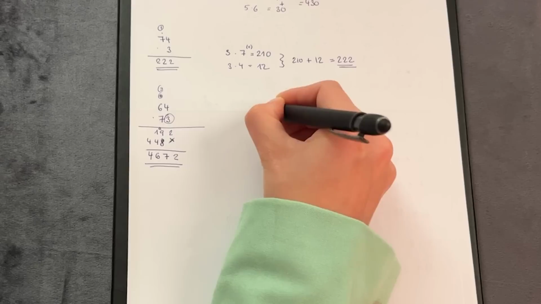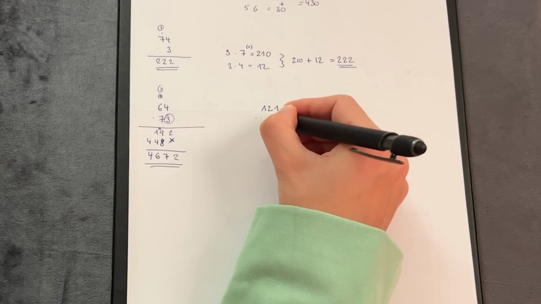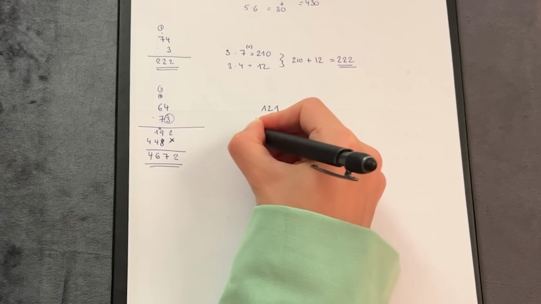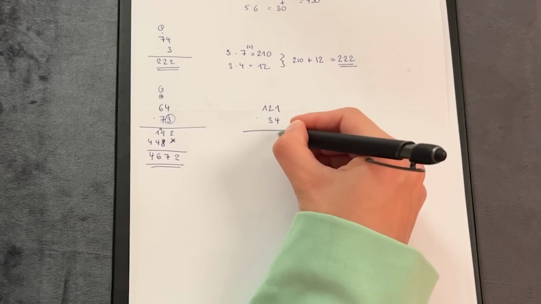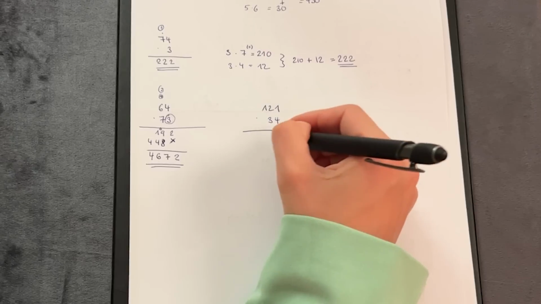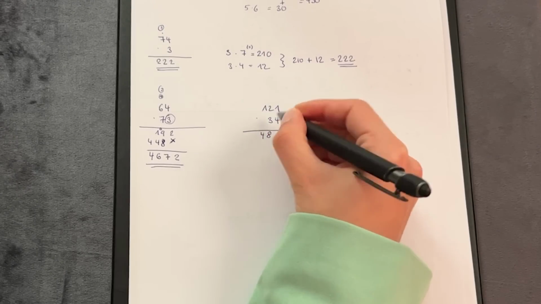So let's continue and we will try maybe 121 times 34. So we have 4 times 1, 4, 4 times 2, 8, 4 times 1, 4.